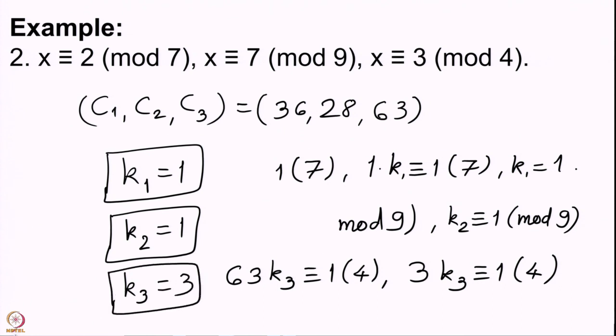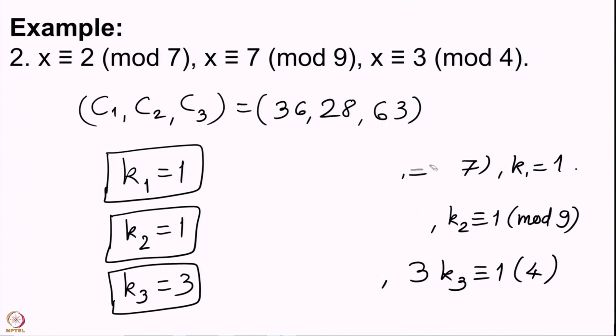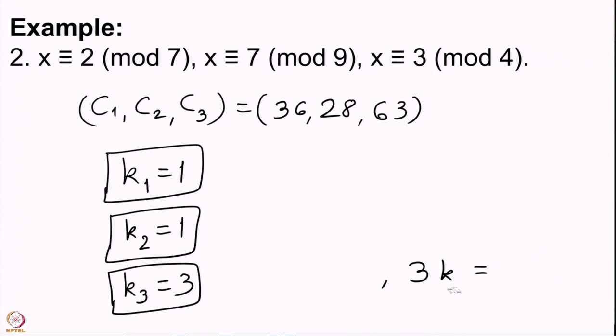So, these are the values which we obtained for K1, K2, K3, and from these we should now obtain the xi, x1, x2, x3. Remember, x1 is C1 K1, x2 is C2 K2, and x3 is C3 K3.